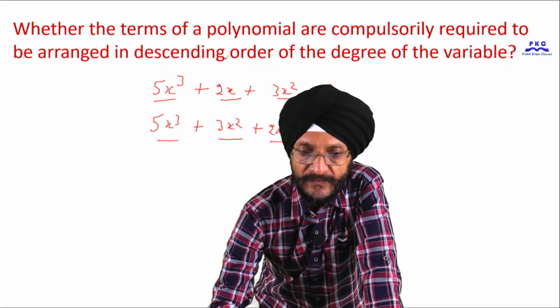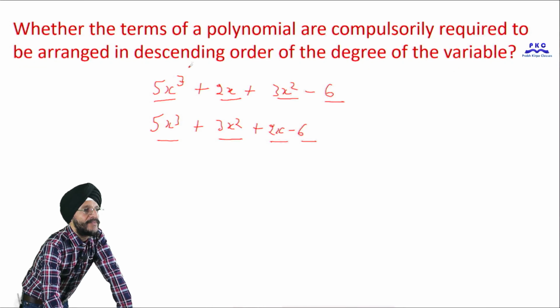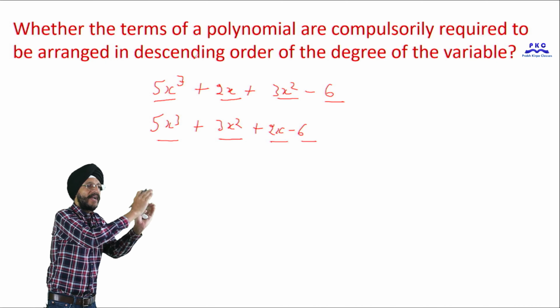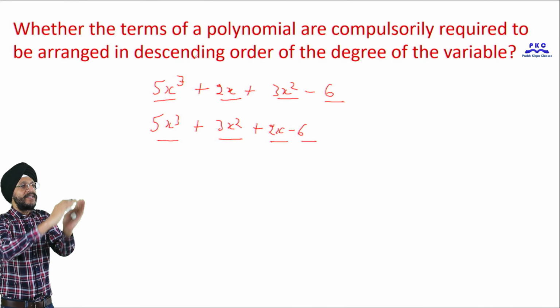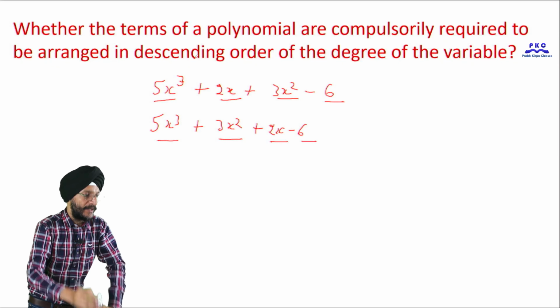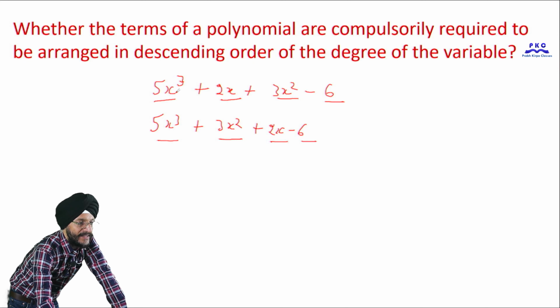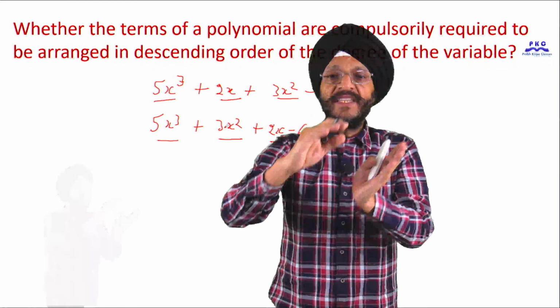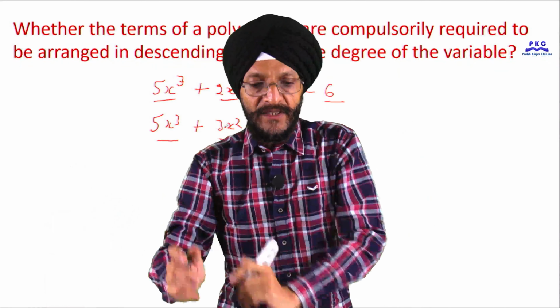That is, the term where the power is highest should come first and it should be followed by the next highest power, that is, after x cube that term should come which has the next lower power.